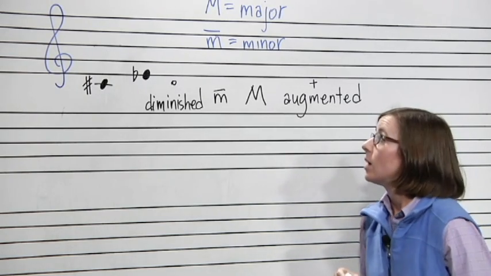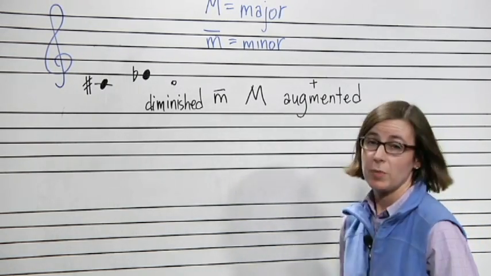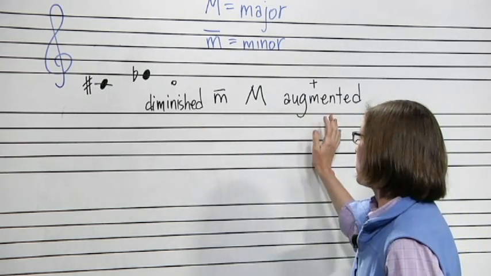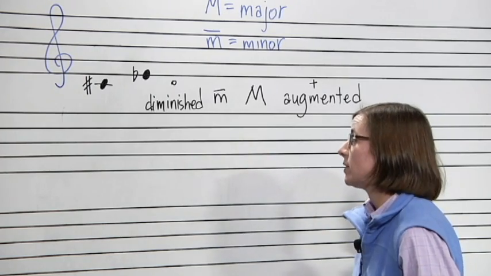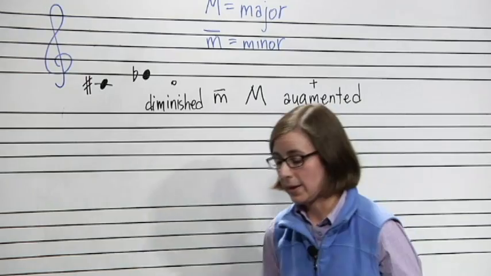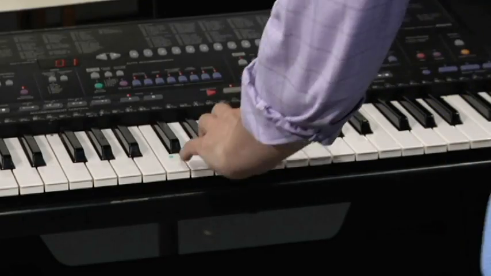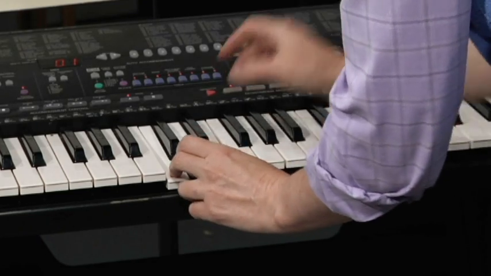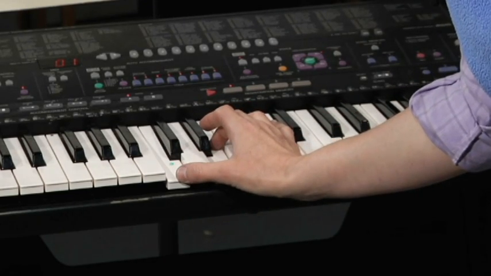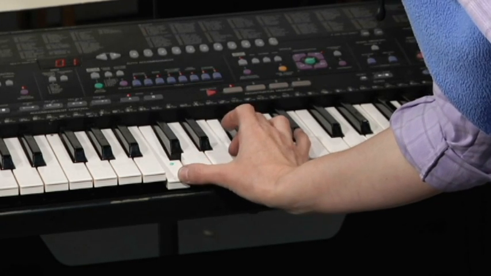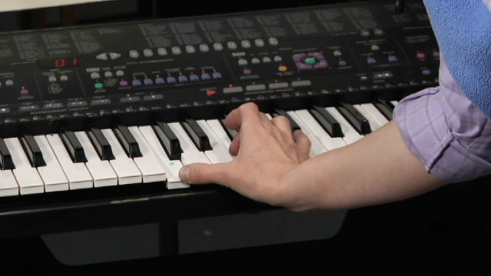Since you already know a little bit about inversion, one more piece to add is that if you invert a diminished interval, you're going to get an augmented interval. We'll look at that on the piano. Here's my C to E. We talked about augmenting that by raising the E so it looks just like an F on the piano.